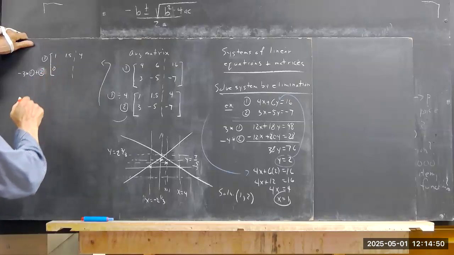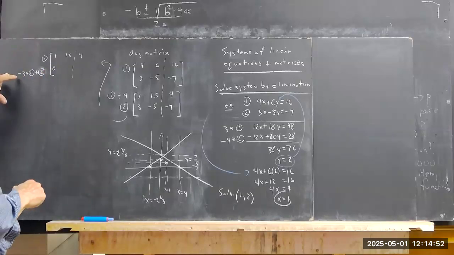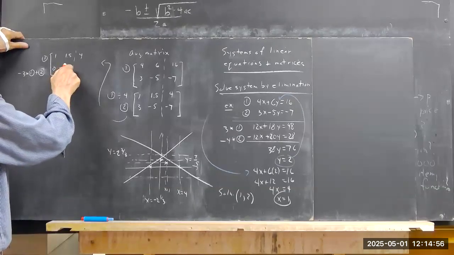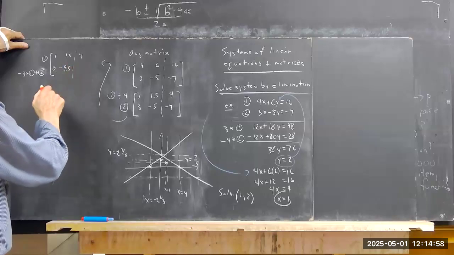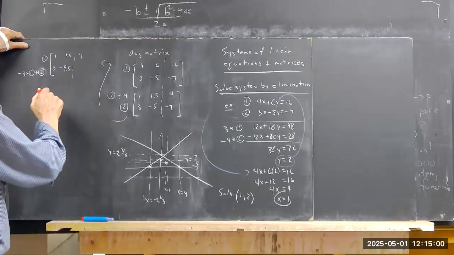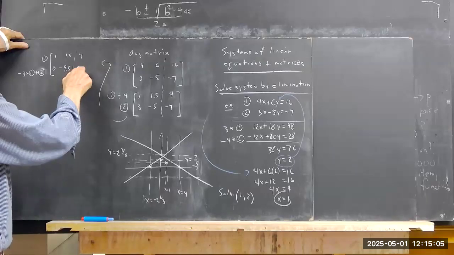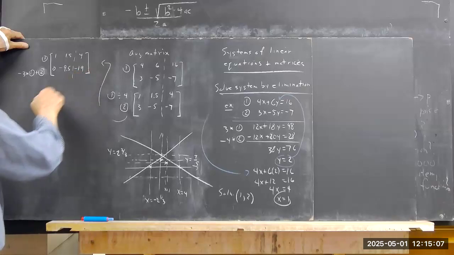And it's going to give us 0, and I'm just going to try to do it carefully, -9.5. It's going to work out.